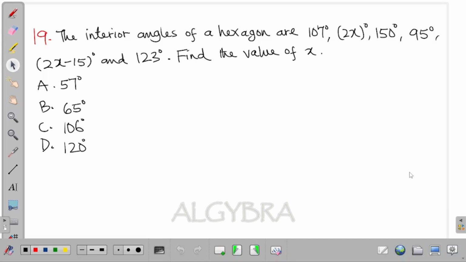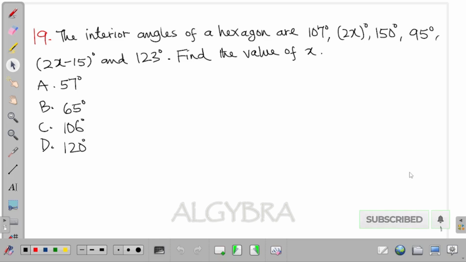So in today's video, we are going to solve question 19 of the WAEC 2025 objective past question. It says the interior angles of a hexagon are 107 degrees, 2x degrees, 150 degrees, 95 degrees, 2x minus 15 degrees and 123 degrees.